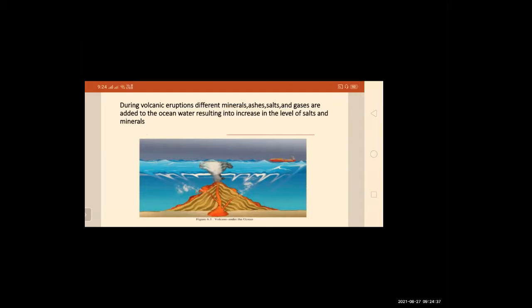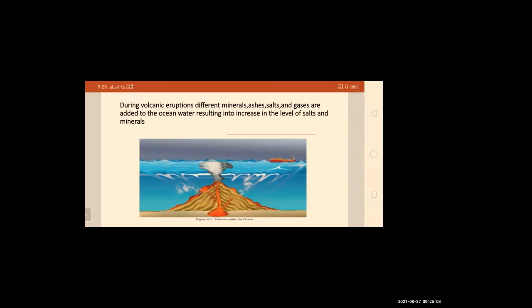And when these volcanic eruptions happen deep in the ocean, they release different types of minerals, salts, ashes, as well as different types of gases, and all these things are added to the oceanic water. And what is the result of it?